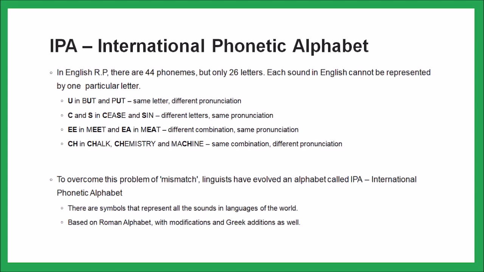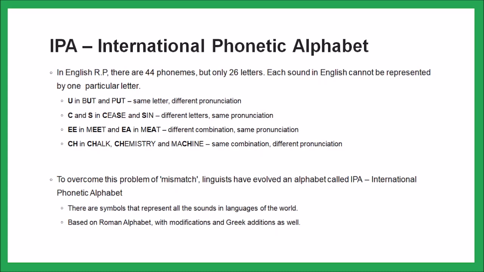Then the letters double E in 'meet', M-E-E-T, and the letters EA in 'meat'. So there you see different combinations of letters giving the same pronunciation. E-E in 'meet' and E-A in 'meat'. Different combinations giving the same pronunciation.